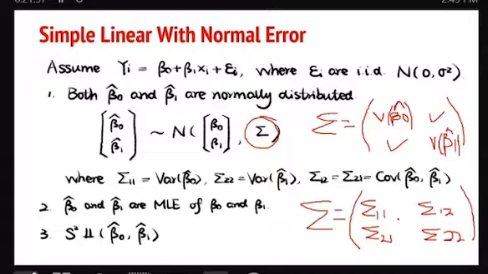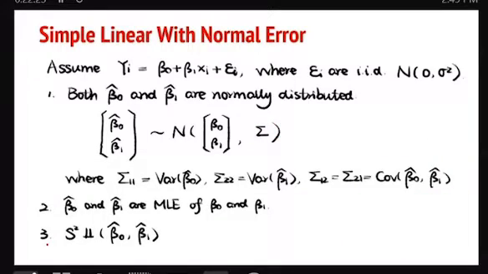If you take a look, this is the same thing as the variance of beta naught cap. This is the variance of beta 1 cap, and the two off-diagonal entries are going to be the same. The covariance of beta naught, beta 1 is the same thing as the covariance of beta 1, beta naught. Now, I also want to say this.